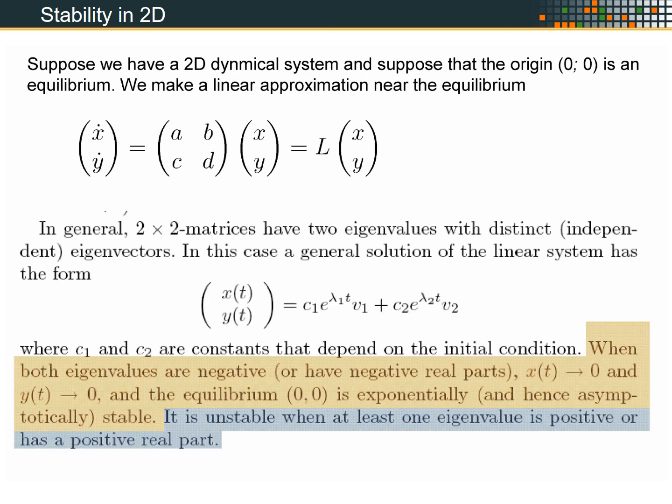So it's immediately unstable if one of the two eigenvalues is positive or has a positive real part, because then it's exploding. And if there is no such positive eigenvalue, then it's stable.